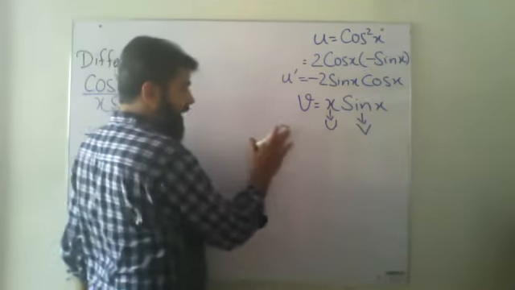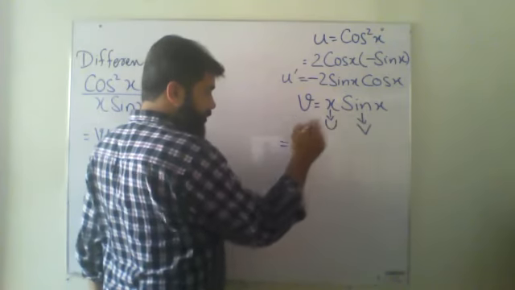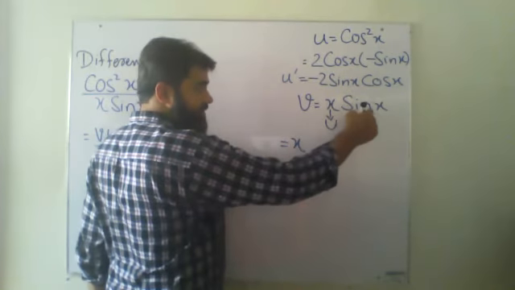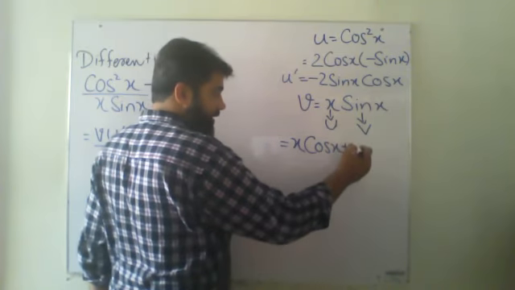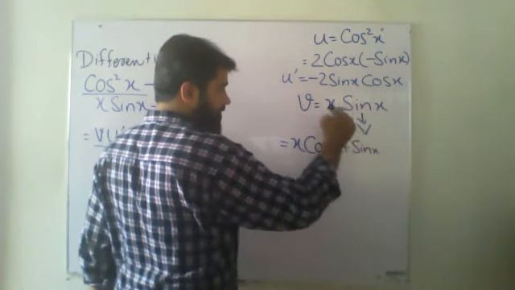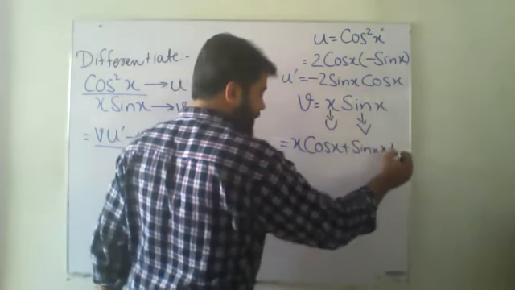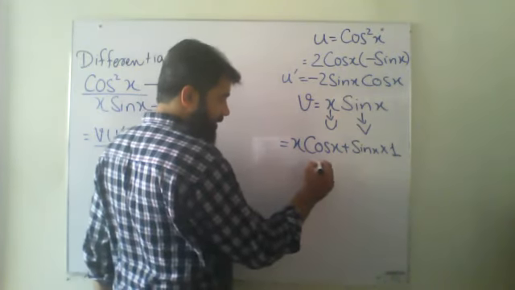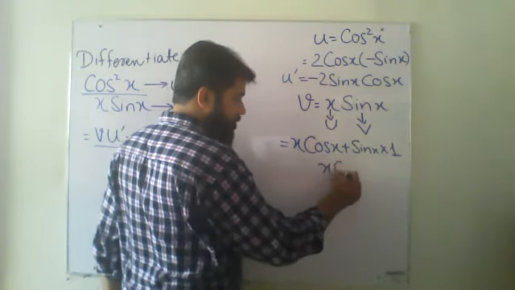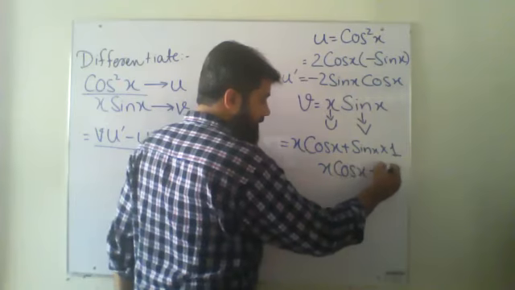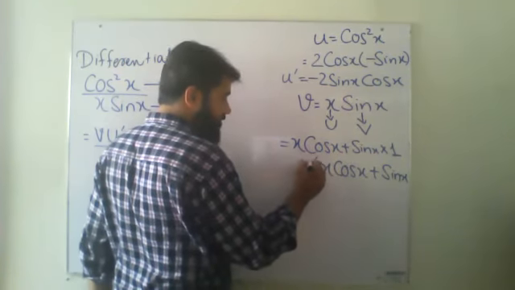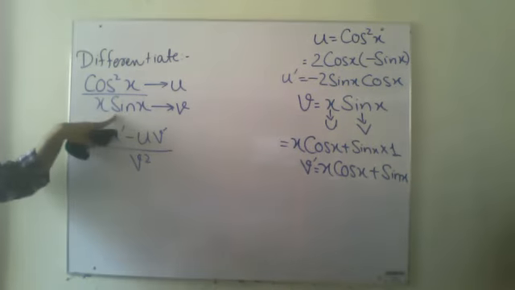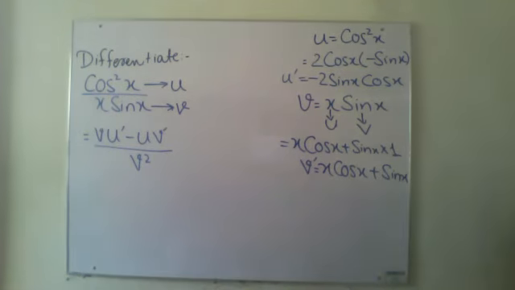So what will the answer be? U, that is x, times differentiation of sin x, which is cos x, plus v, that is sin x, times differentiation of x, which is 1. So when I simplify it further, this will become x cos x plus sin x, and that is my v differential. Okay, I think you guys are clear till this point.